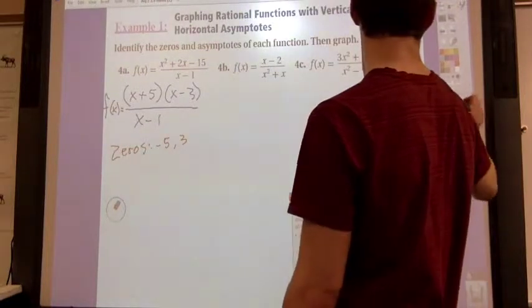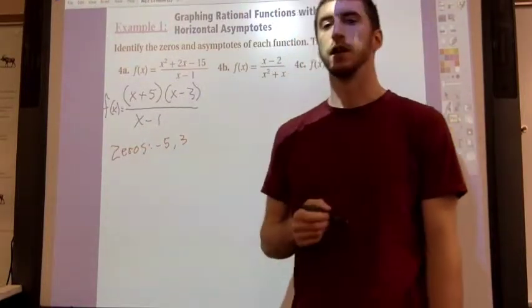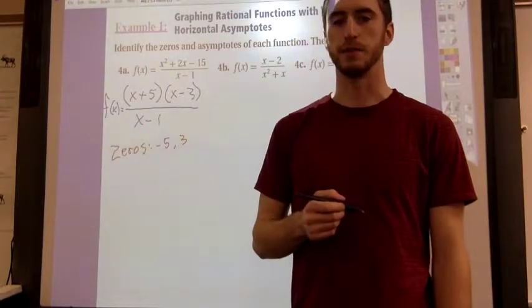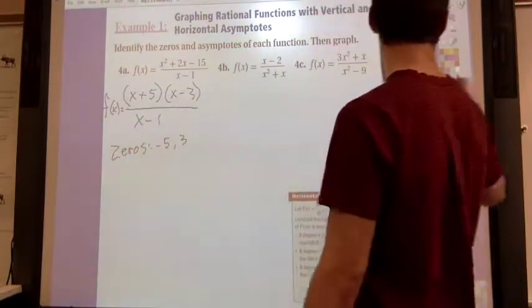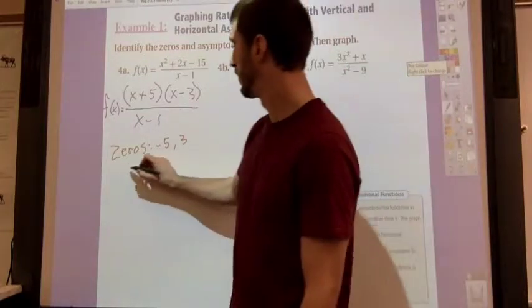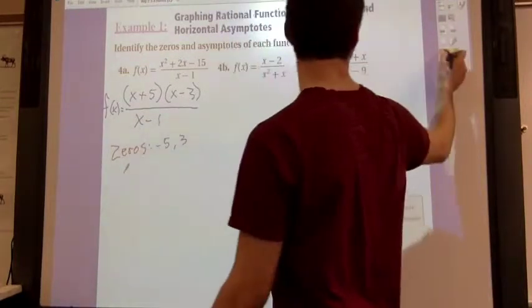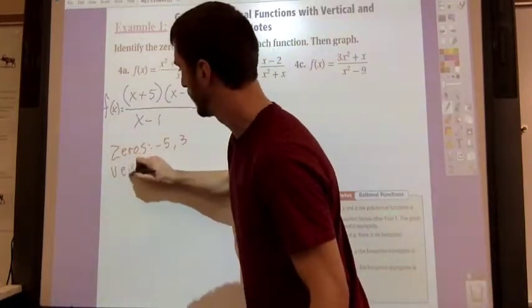Okay, now I need to figure out my asymptotes, vertical and horizontal. So I'll do vertical first. To figure out my vertical asymptote, I need to set my denominator equal to 0. So let's go vertical asymptote.